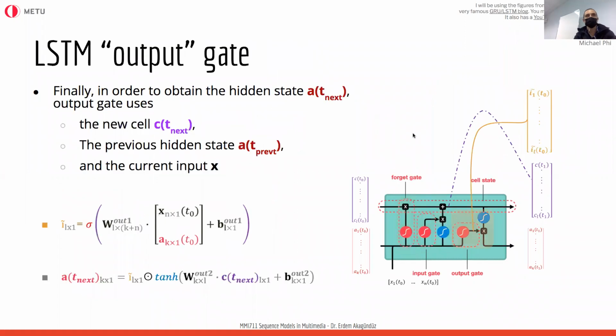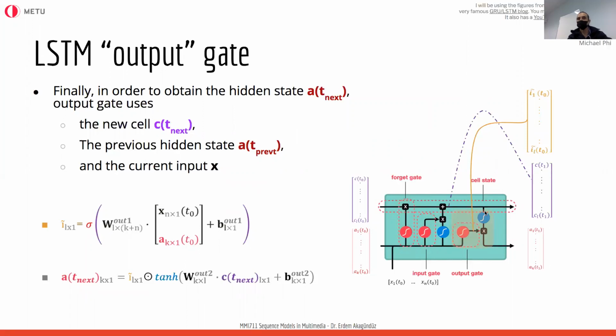And the final stage, the output gate. The output gate gets as input not only the input and the previous hidden state, but the constructed new cell state as well. So it uses the new cell state, the previous hidden state, and the current input. And how does it use it? Again, with a gating mechanism.